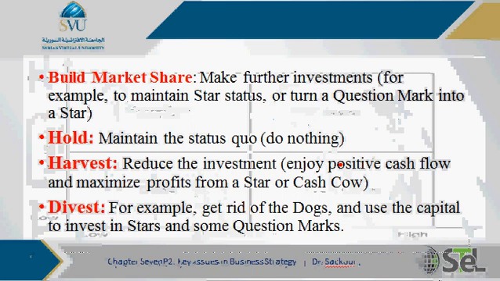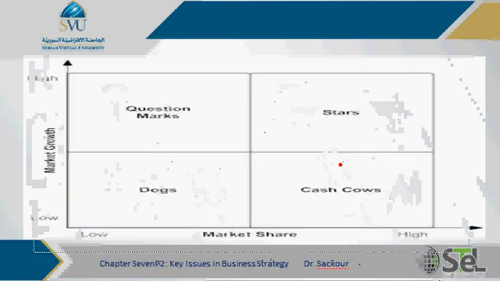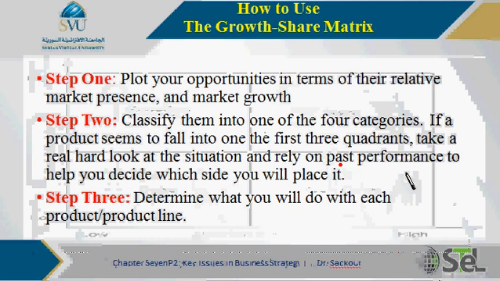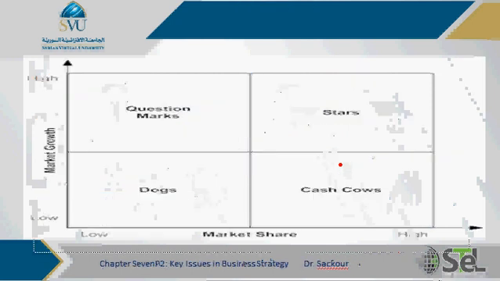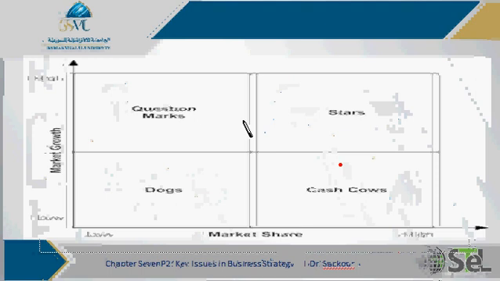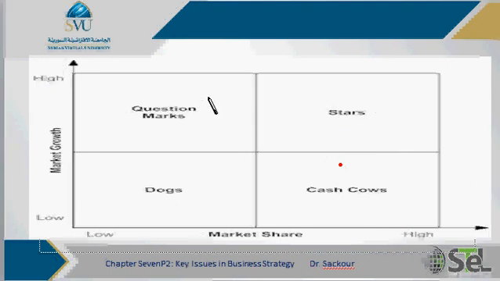As we have four quadrants here, if a question mark product comes here, what are the main things to do?